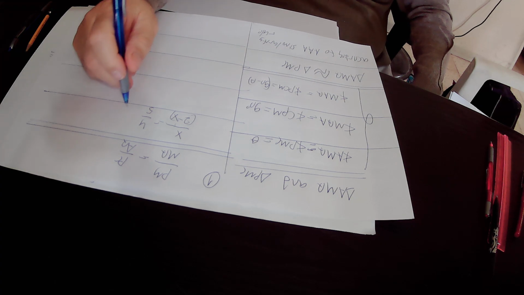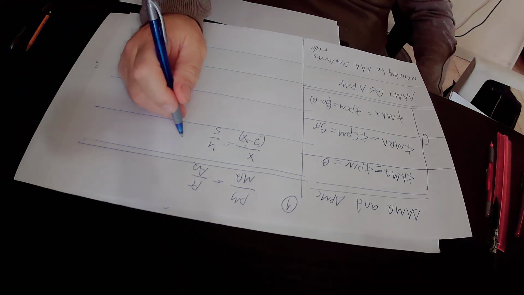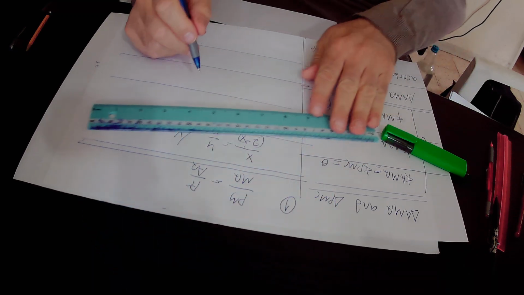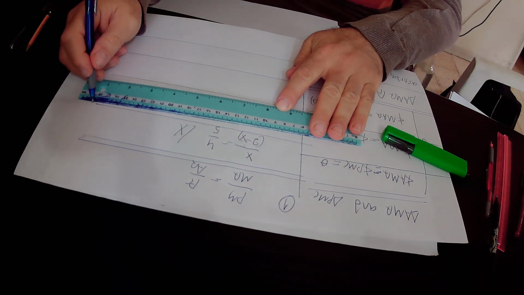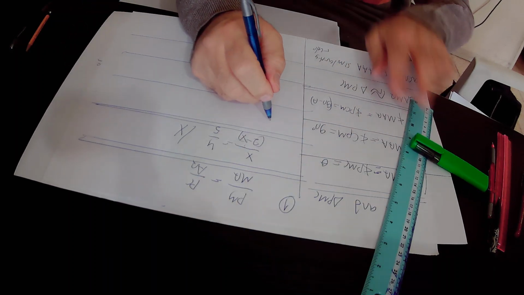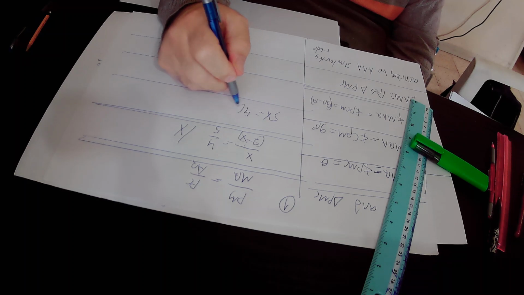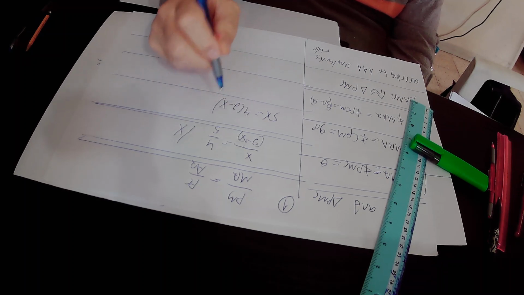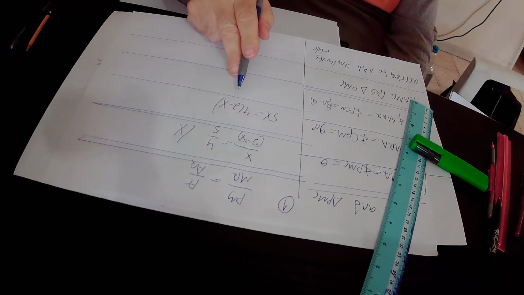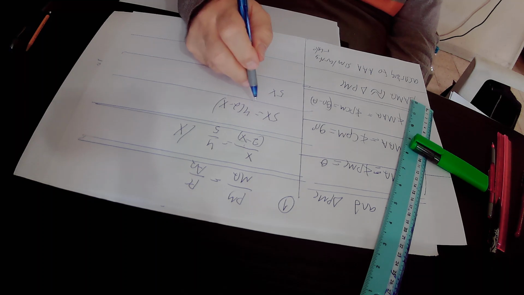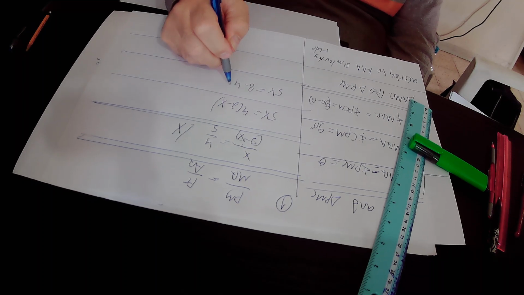Here we cross multiply this equation, and we get that 5x equals 4 times 2 minus x. So here we open the brackets on this side of the equation, and we get that 5x equals 4 times 2 is 8 minus 4x.